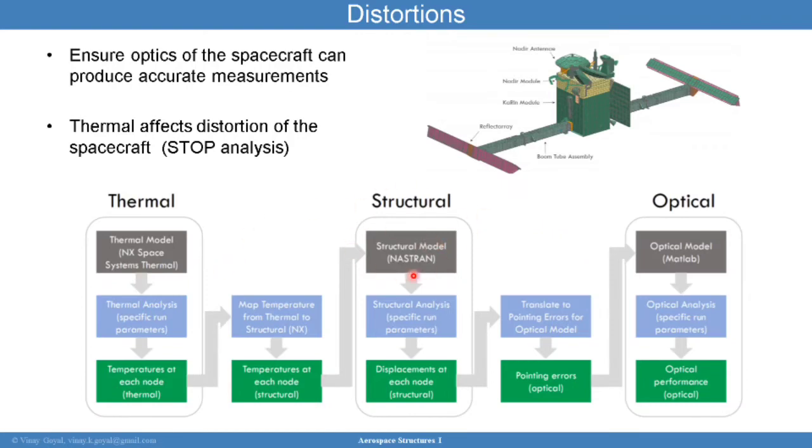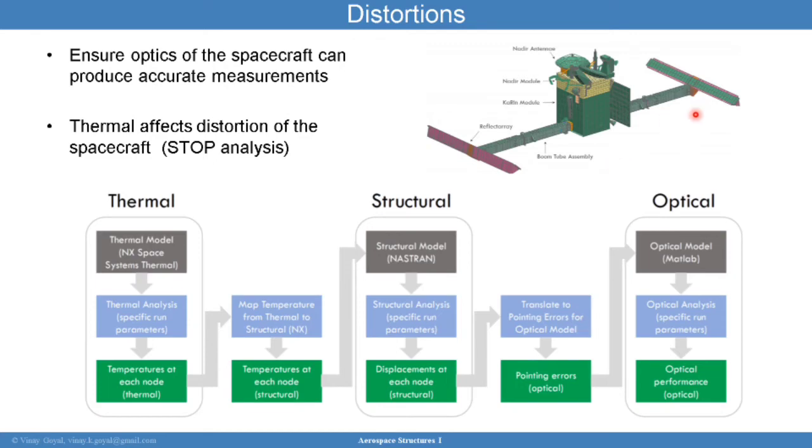That structural model is then run in a structural finite element package to come up with the displacements at every node. And here, the area of interest is to determine the displacements at the area where we have the optics. In that area, we want to then determine the pointing errors caused by these distortions.